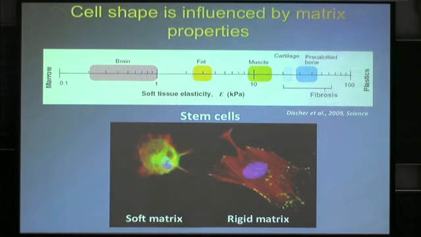Anyways, all this is of course important also in a global way, such that this outside-in signaling, like the matrix properties or forces that the cell can sense, now defines the shape of the cell. So the more rigid the matrix is, the more rigid cells also look.